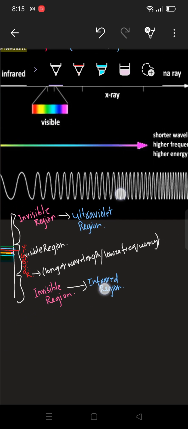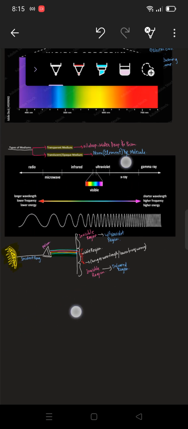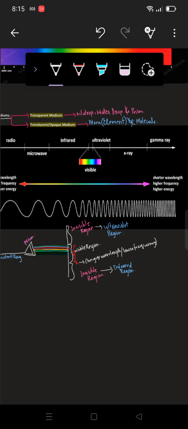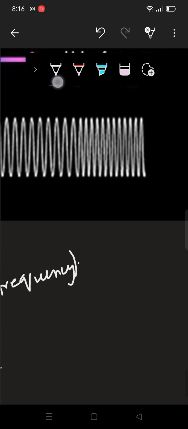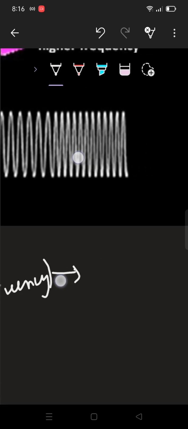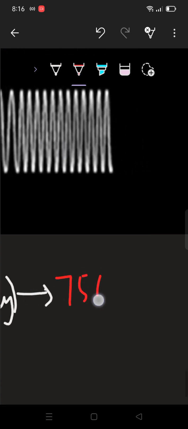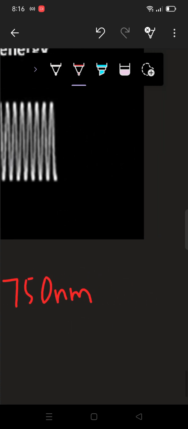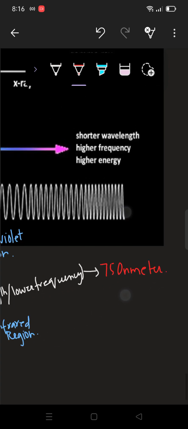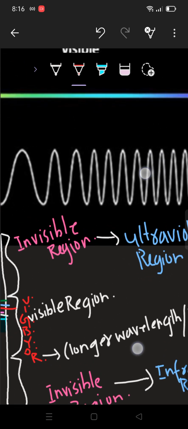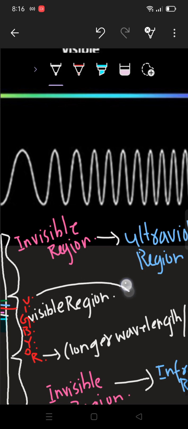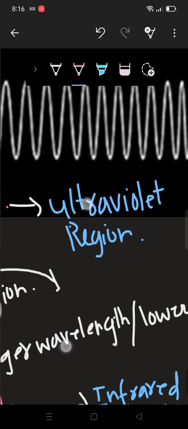As compared to this, the violet color has more frequency, however less wavelength, right? Red has a wavelength of 750 nanometer. However, the wavelength of violet is 400 nanometer.